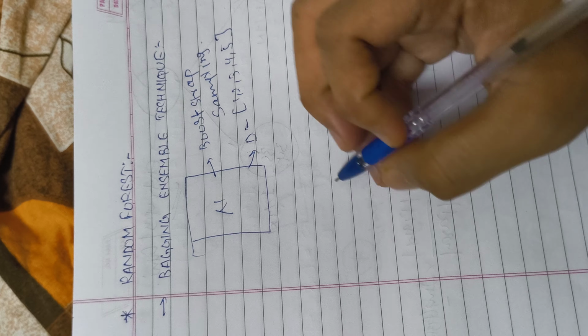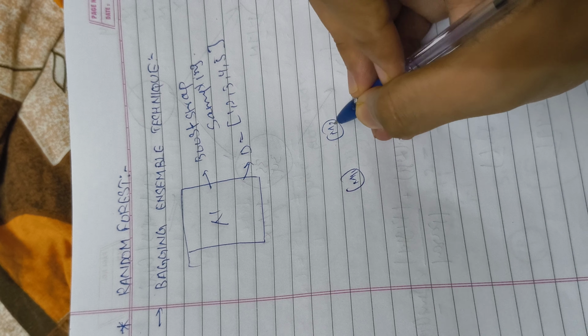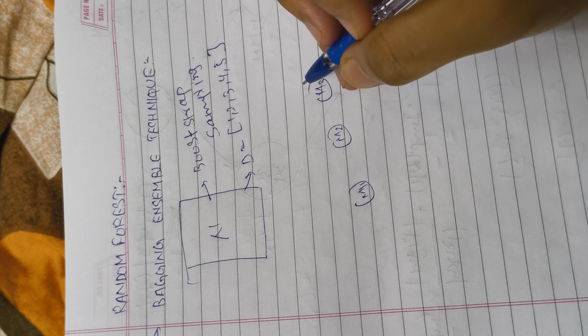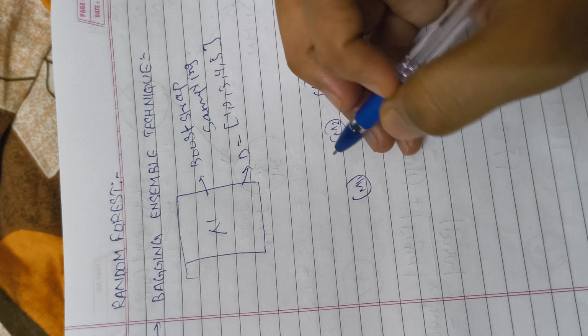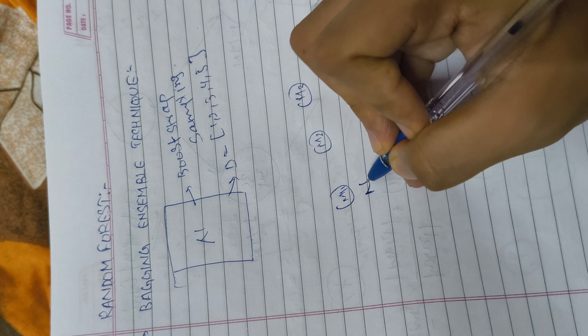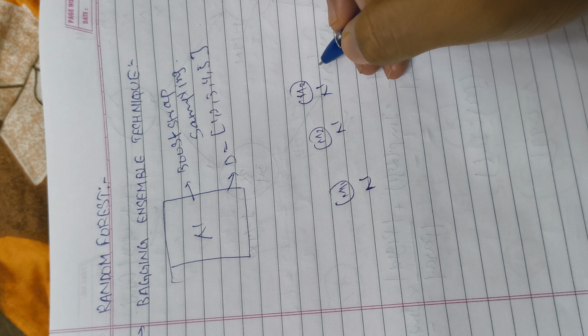Then we will train different models, like model 1, model 2, model 3, as many models as we want to train. We will train all these models on a data set whose size is the same as that of the original data set, that is n.